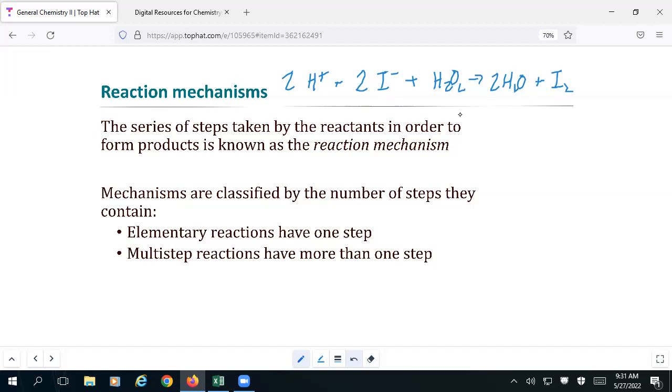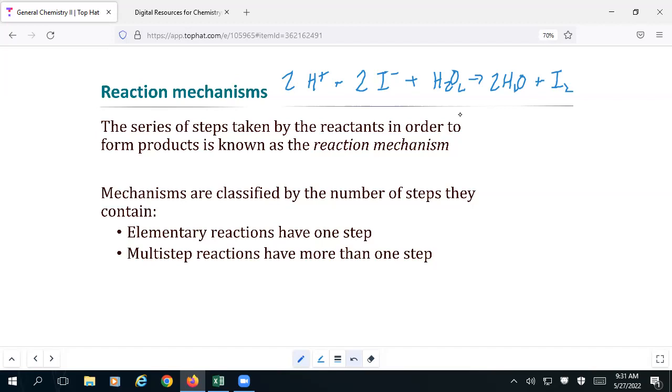Now, if this reaction were going to occur all at once, think about it from a collision theory standpoint. How many molecules are there in the reactants? Five, right?